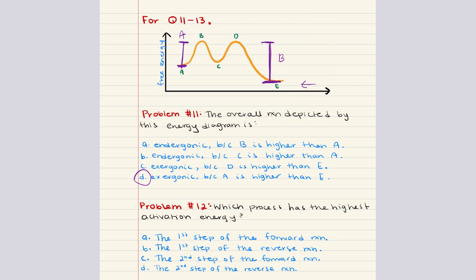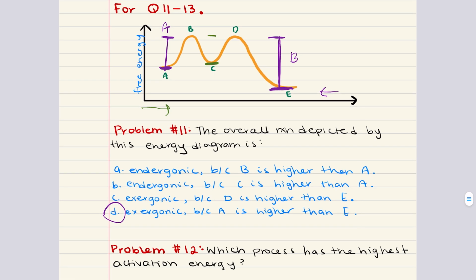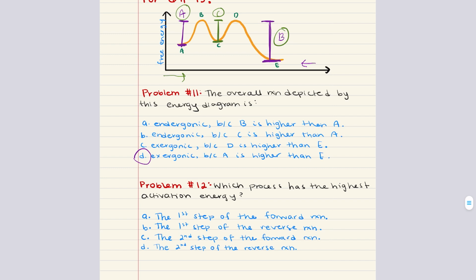All right, answer choice C says the second step of the forward reaction. So now we're looking again at our forward reaction. The second step is going to be the activation energy difference between C and D. So that's going to be this point right here and this point right here. So that is for answer choice C. So this is A, B, and C. And then D is the second step of the reverse reaction.